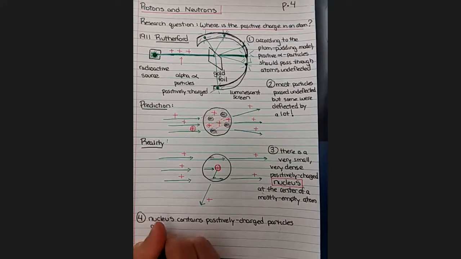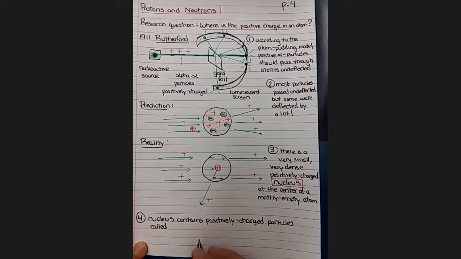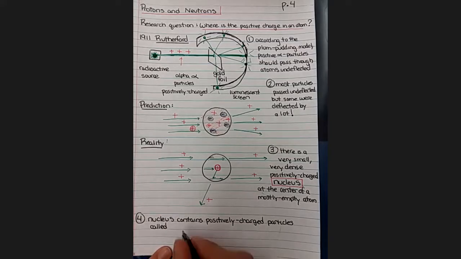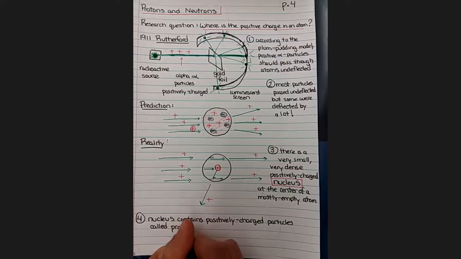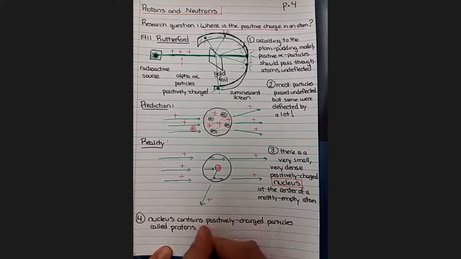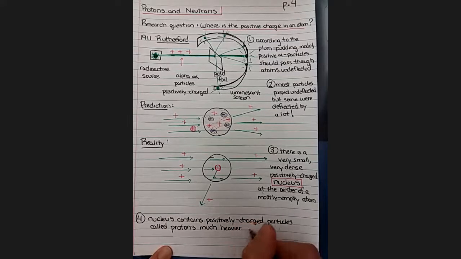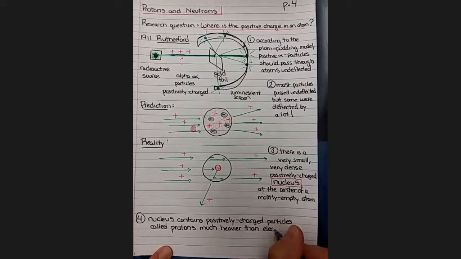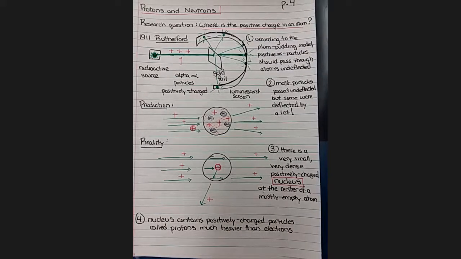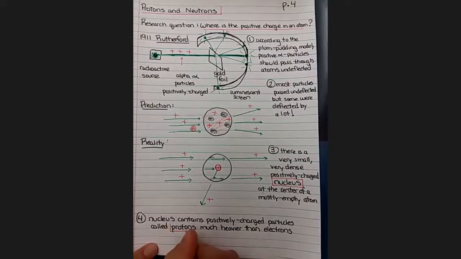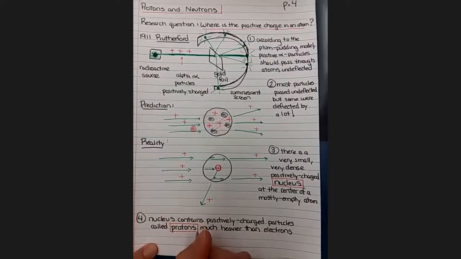And we'd already named the negatively charged particles electrons. So we just picked something with a P for positive, and we called them protons. Because why not? So positively charged protons that were much, much heavier than electrons. And there's our new vocab word.